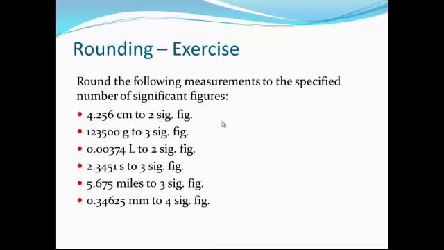And remember, when you count the significant figures, the first significant figure, second, third, you always count from the left to the right. Get a piece of paper, work through those problems, and after you get your answers, I'm going to show you the correct answers.